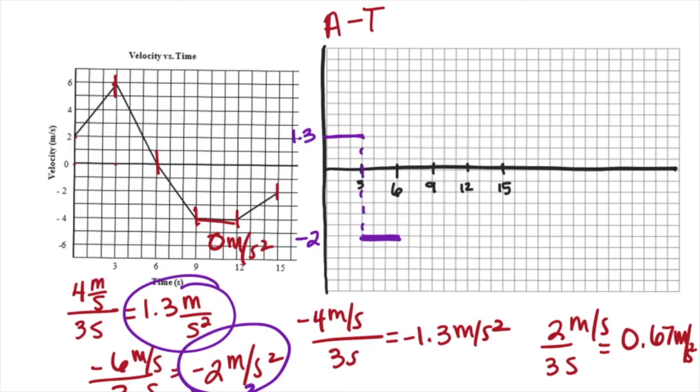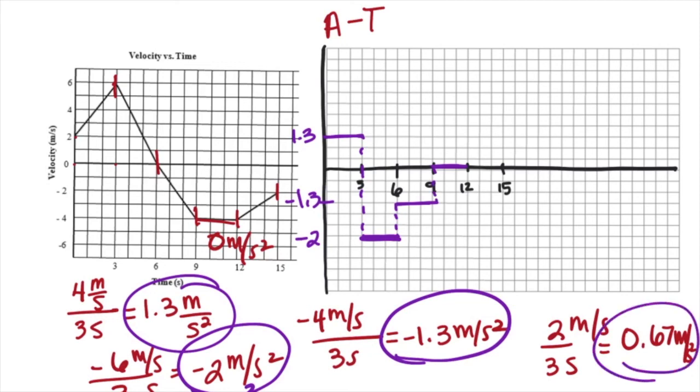Then from 6 to 9 seconds, my slope was -1.3, so that is where that horizontal line is going to go, and I'm going to connect these with dashed lines. Then from 9 to 12, it was at 0, so I'm going to put my line there, and again connect them. And then the last one was +0.67, so I'm going to have a line there at 0.67.